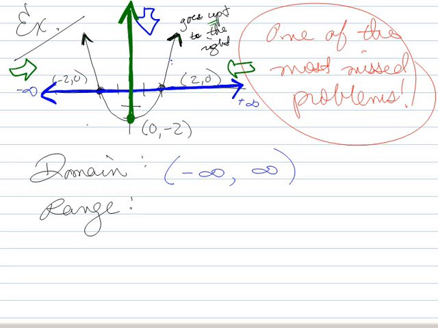As low as I get here is as low as my range is going to go. I never get below -2. So I'm going to go from -2 all the way up to infinity. And that's your, not brief, your most fabulous introduction then to domain and range.